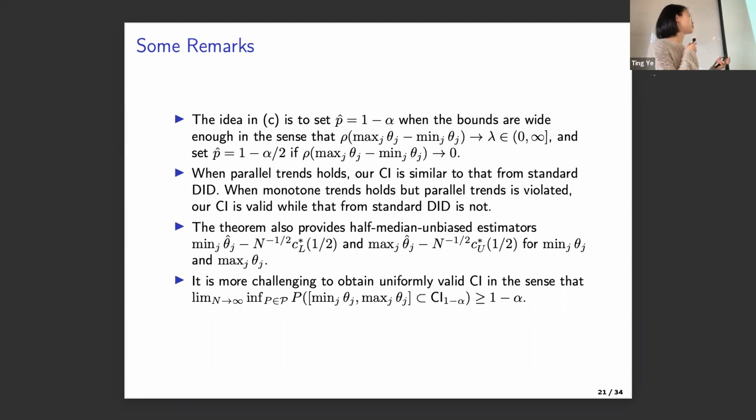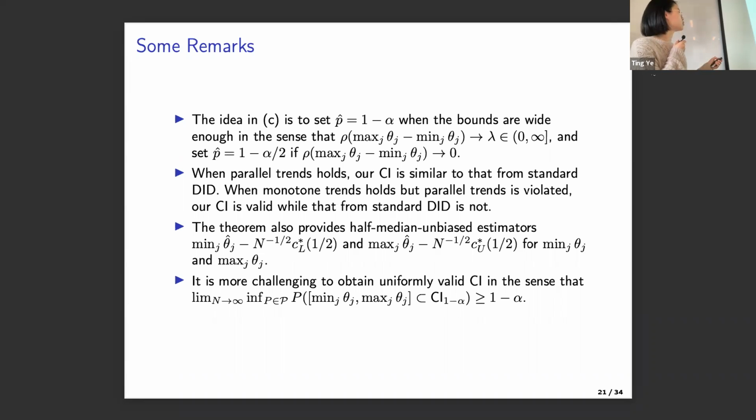And if the bounds are not wide enough, then we still need to use the 1 minus alpha over 2 significance level. So we have a choice of rho in the paper. Rho is in the order of root n over log n, and then we can use that rho to construct the p hat in order to construct the confidence interval.